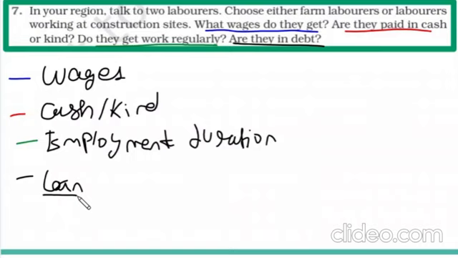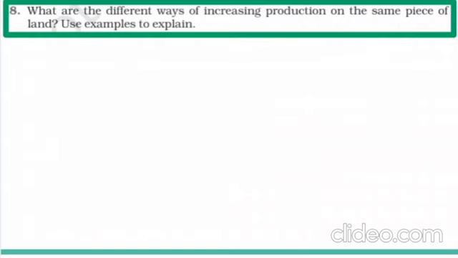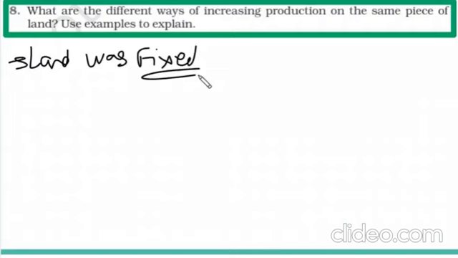All right. Now, next one is, what are the different ways of increasing production on the same piece of land? Use examples to explain. Now, students, in Palampur also, the problem was that land was fixed. But still, the people of Palampur increase the production.